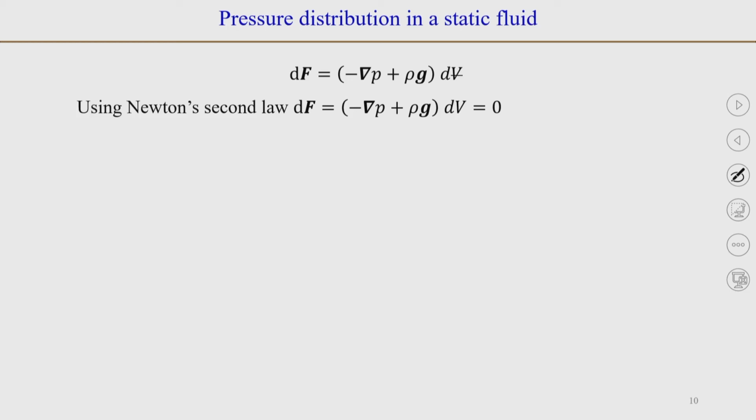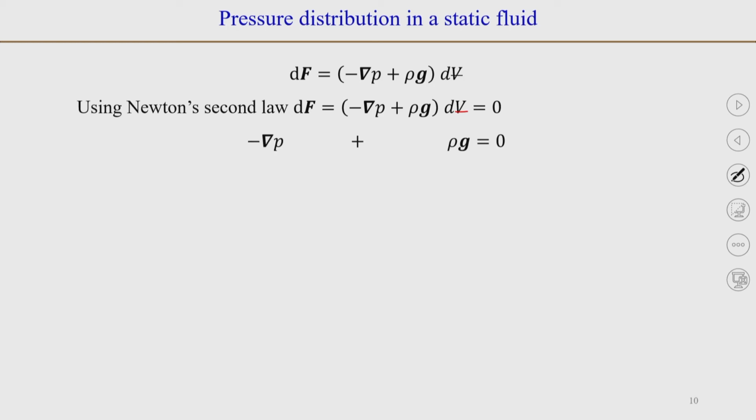When we started deriving this, we said that we are going to apply Newton's second law, and because there is no motion, the acceleration is 0. So, the net force on the fluid element is 0. So, we have minus del p plus rho g within bracket multiplied by the volume of the fluid element is equal to 0. We cancel the volume.